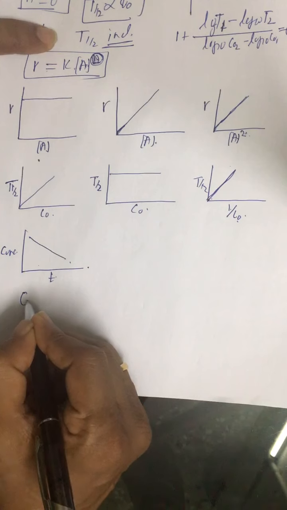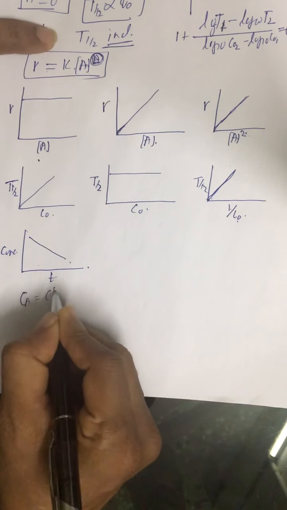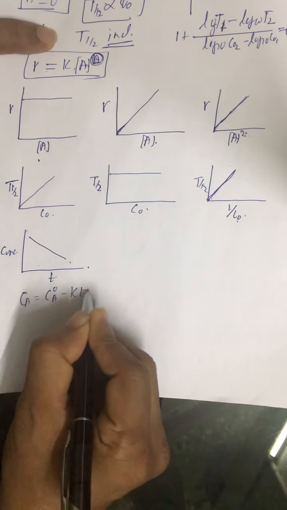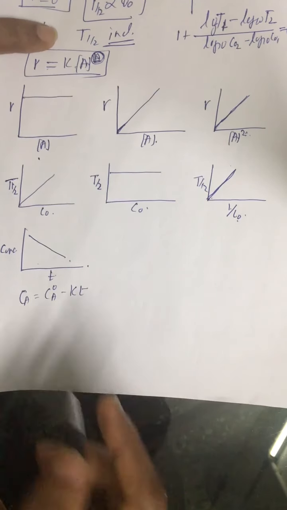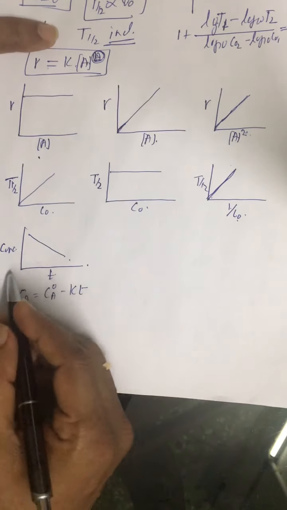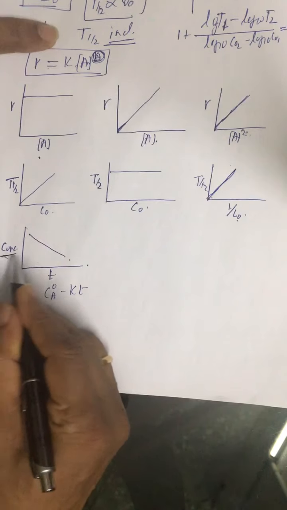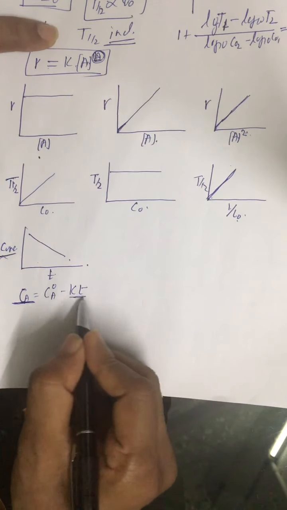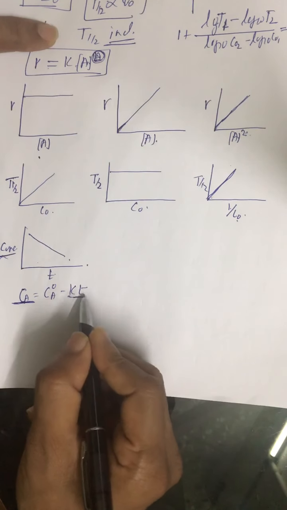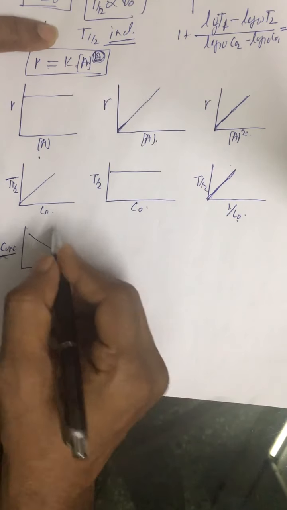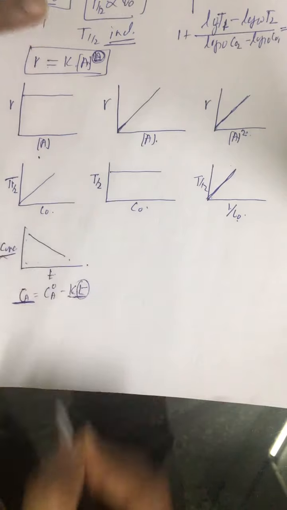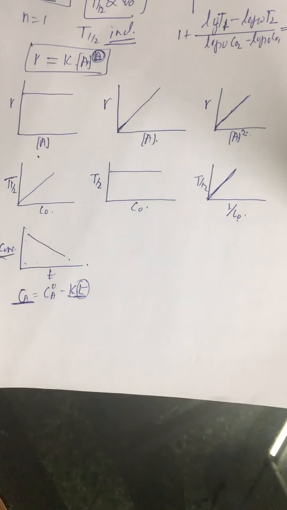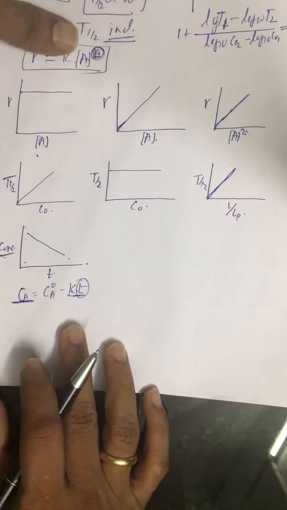The relation is C_A equal to C0_A minus kt. Alright. So what you are doing, you are drawing a graph between concentration and time period, and the slope is minus k and intercept is C0_A. Alright, this is for zero order reaction.